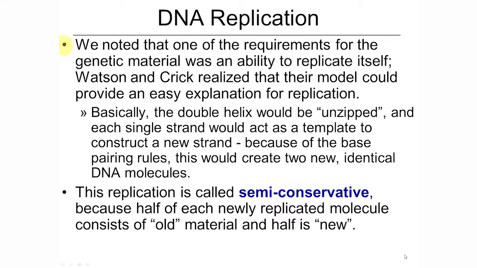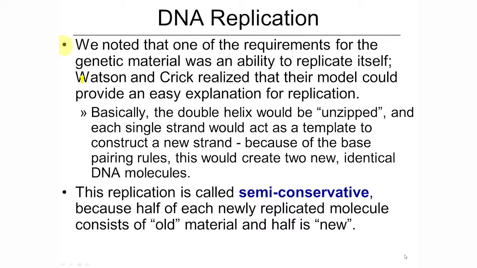Even Mendel could have told you that, perhaps more the chromosome people, but either way, it was known for a long time that when a cell copies itself, both of the two new cells have a full complement of chromosomes, for example. So somehow the DNA has to be replicating itself.